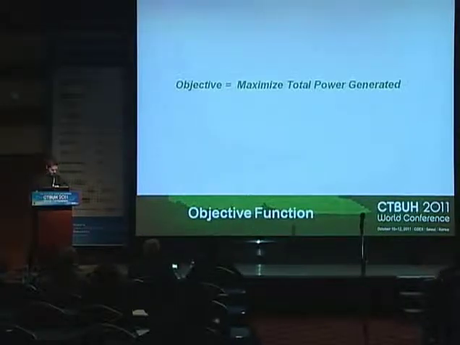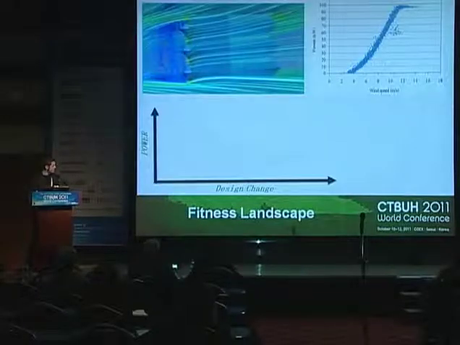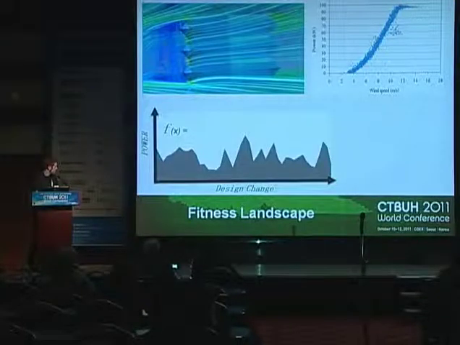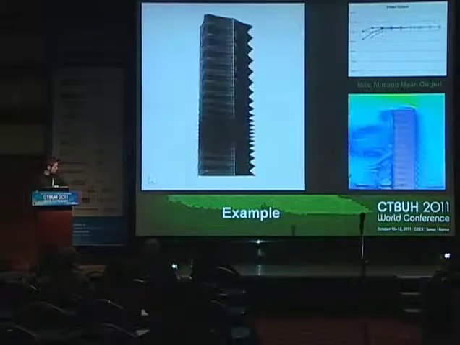So our objective was to maximize the total power generated. And on our wind curve here, the facade was being modified as well as the size of the wind turbines, which followed from the size of the facade. If we had one parameter, this is the amount of power generated. If we had two parameters, it goes up. So this is an example of the optimization process for power output.